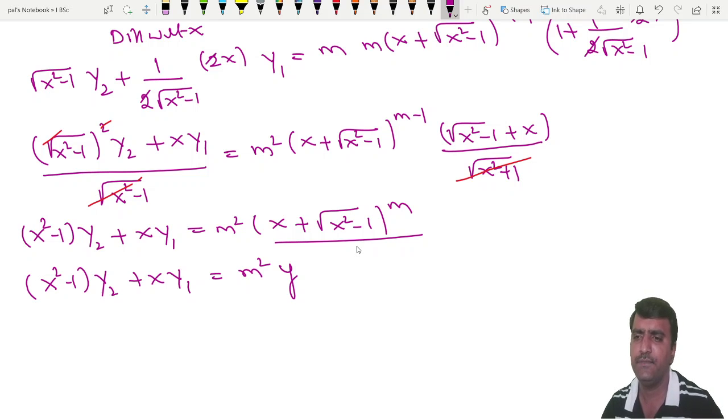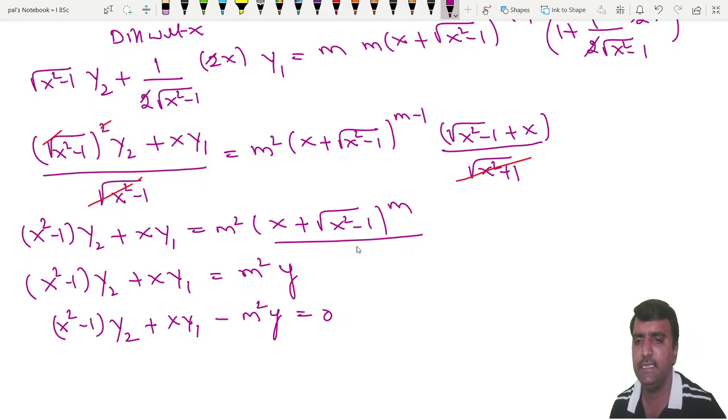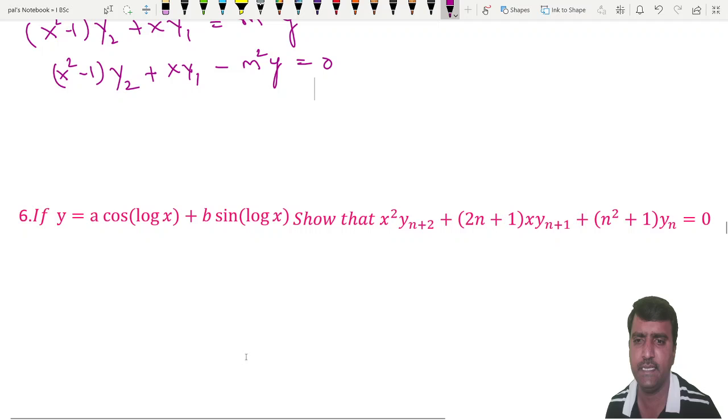Take this term to the left hand side: x square minus 1 y2 plus x into y1 minus m square y is equal to 0. So now you apply nth differentiation to this function by using Leibnitz theorem.